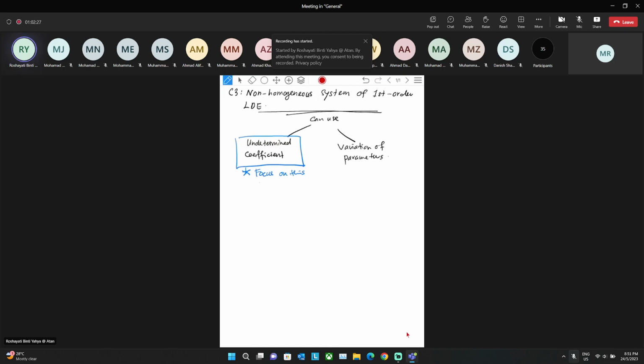So how about the steps? You can refer to your module.